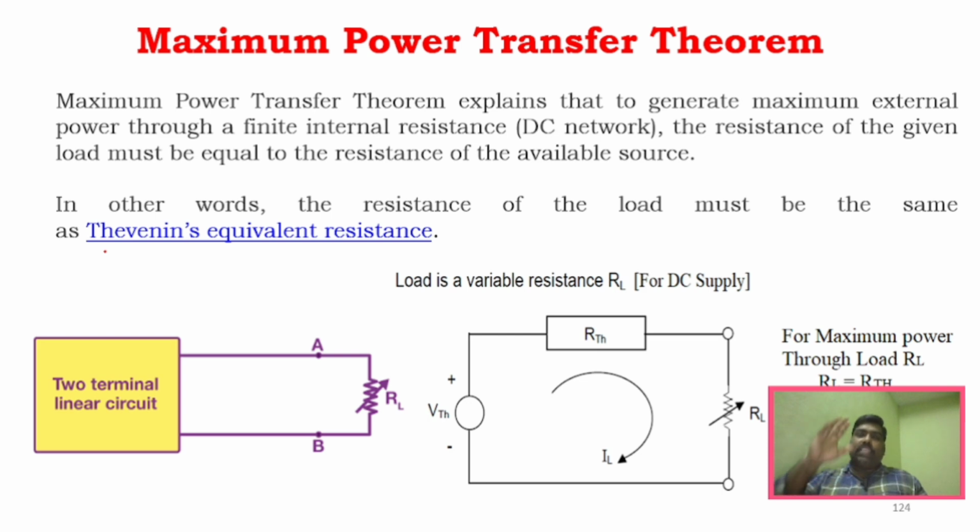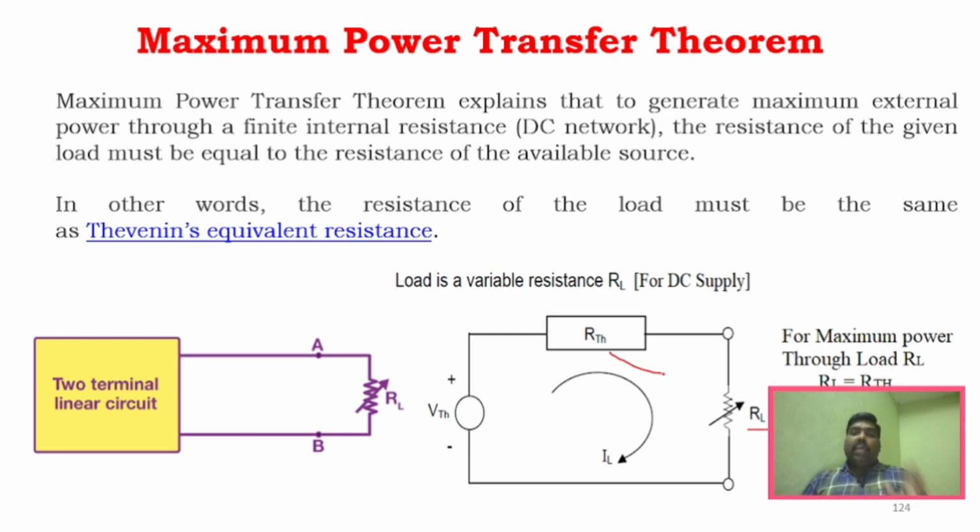Because we're going to follow the same steps that we followed in Thevenin's theorem, right? According to Thevenin's theorem, any linear circuit can be simplified into an equivalent circuit with a voltage source in series with a resistance. Here it is the same concept, but the maximum power can be delivered if RL is equal to RTH.